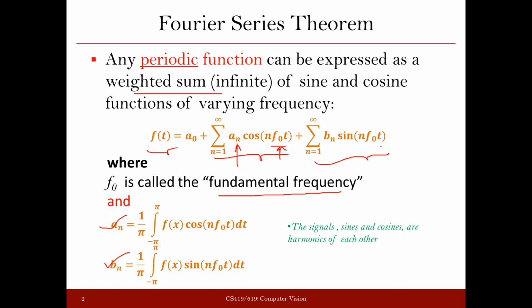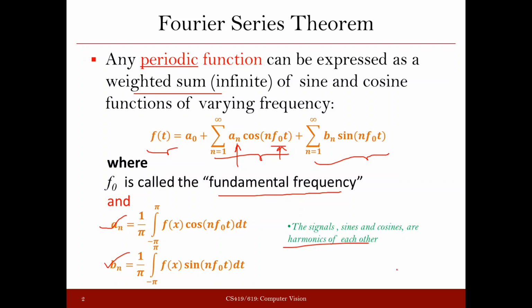For n equal to 1, the waveform has low frequency, but as you increase n, frequency keeps increasing. But whatever frequency you get will be a multiple of f naught. So we say that the frequencies are harmonics of the fundamental frequency, right? So if f naught is the fundamental frequency, what you get will be just harmonics of that particular frequency.